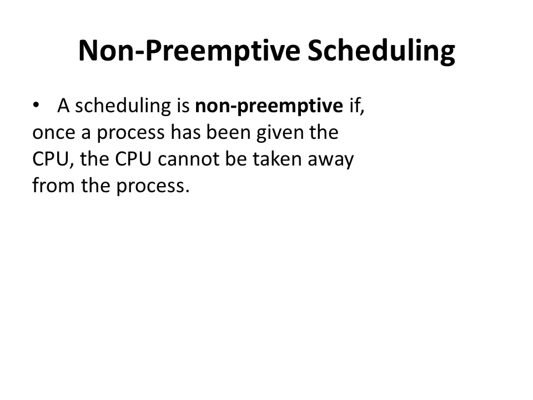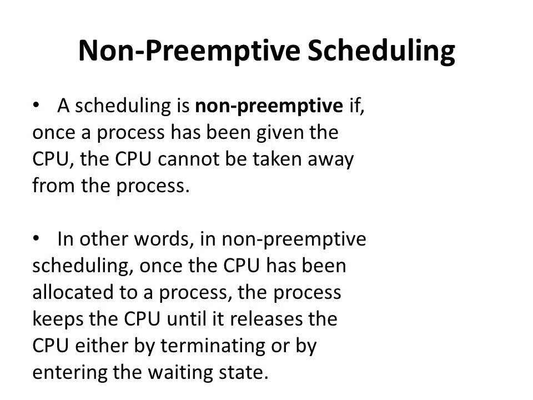A scheduling is non-preemptive if, once a process has been given the CPU, the CPU cannot be taken away from the process. In other words, in non-preemptive scheduling, once the CPU has been allocated to a process, the process keeps the CPU until it releases the CPU either by terminating or by entering the waiting state.